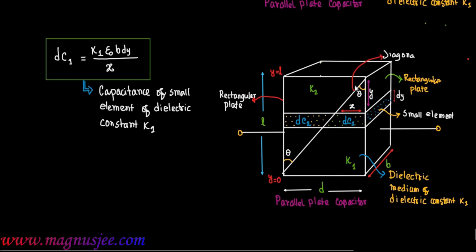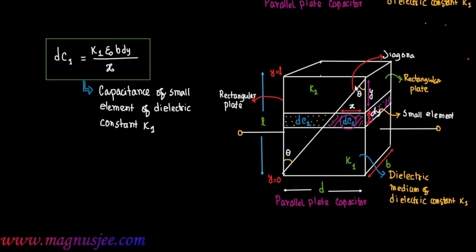In the diagram, this is the small element, and dC1 is its capacitance.